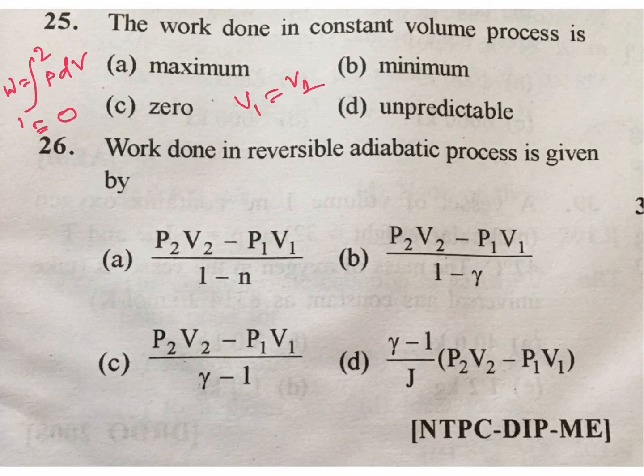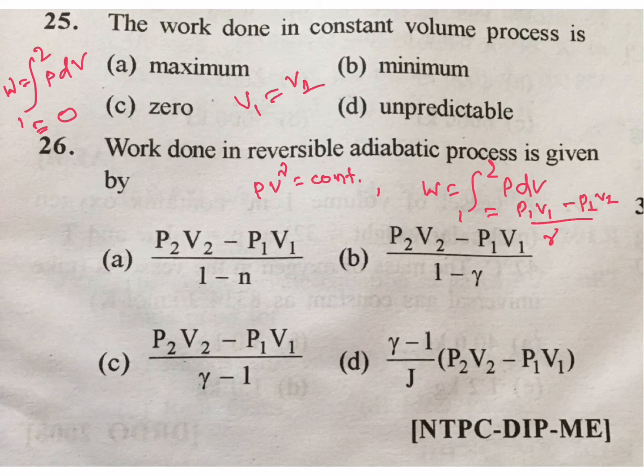The next question, work done in reversible adiabatic process is given by? Adiabatic process, PV to the power gamma equals constant, already discussed in my previous video. If you integrate this, PdV, you will get (P1 V1 minus P2 V2) divided by (gamma minus 1).